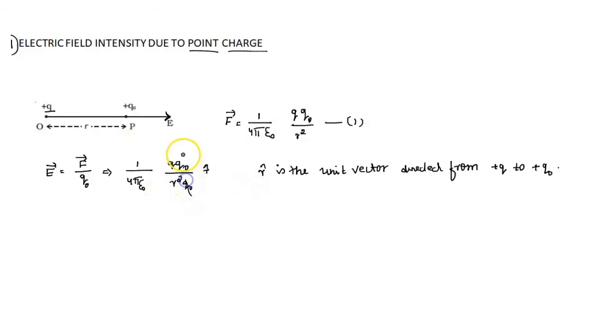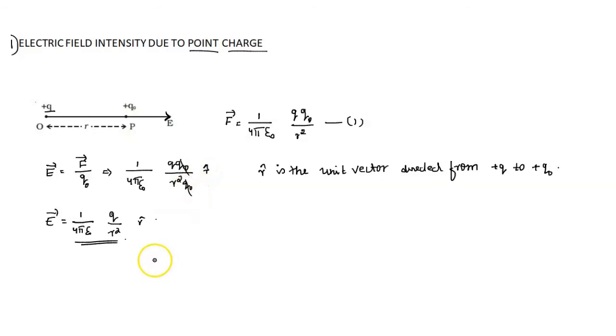So here Q naught and Q naught get cancelled. So the final equation to calculate electric field intensity due to a point charge is 1 divided by 4 pi epsilon naught Q divided by R square R cap. So this is the equation to calculate the electric field intensity due to a point charge.